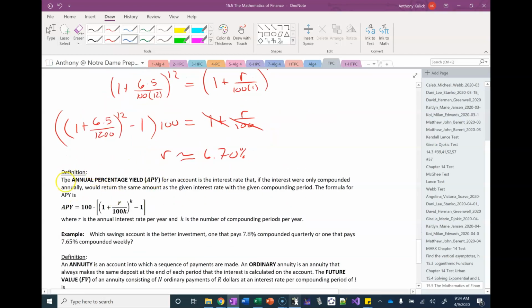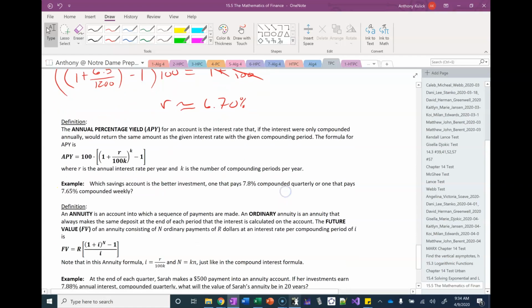This is the APY, the annual percent yield, which is just a simplified version of exactly what we did there.